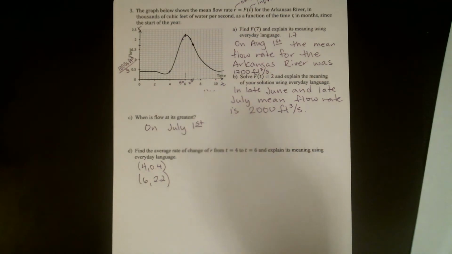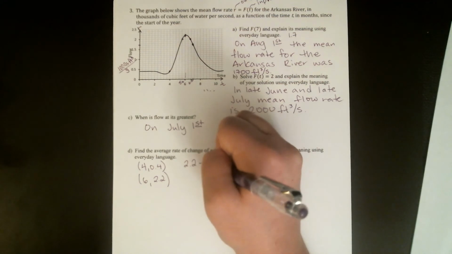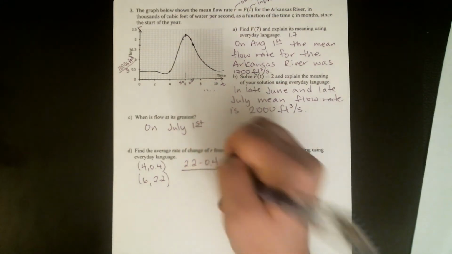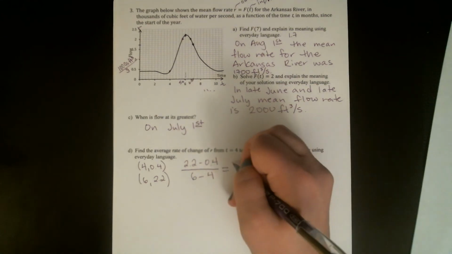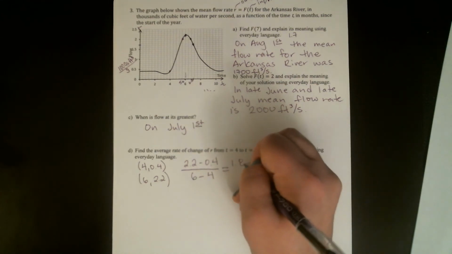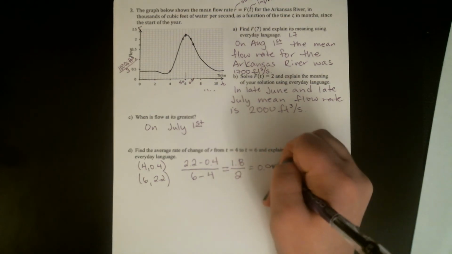Okay, so we want to calculate a slope. So let's do 2.2 minus 0.4 over 6 minus 4. So we're getting a 1.8 over 2, which is 0.9.